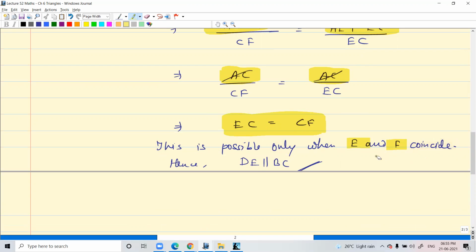They are at the same place, which means that if DF is parallel to BC, then DE also has to be parallel to BC. Tell me, everyone is okay with this? Yes, sir. Okay, fine.